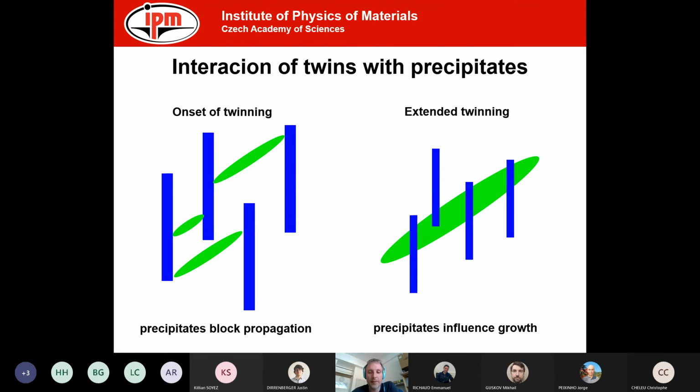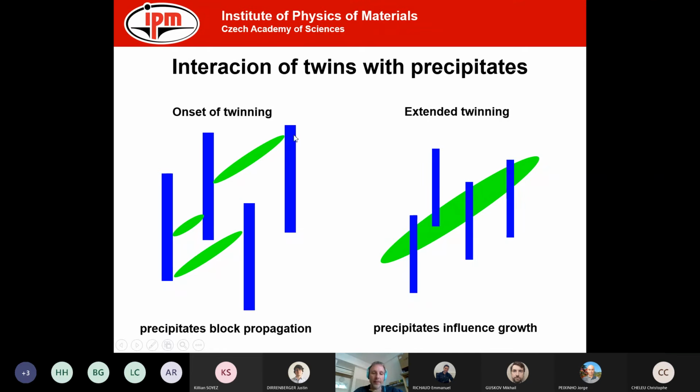Interaction with precipitates is again more complex for twinning because you have two scenarios. The first one is at the onset of twinning, where the twins are small. They are a similar size to the precipitates, and in that case, the precipitates block the propagation.